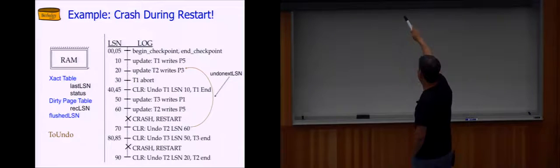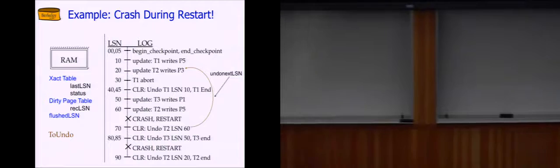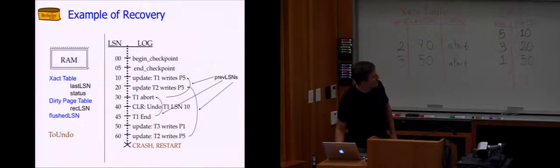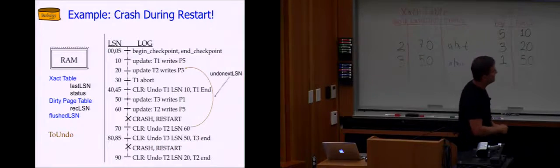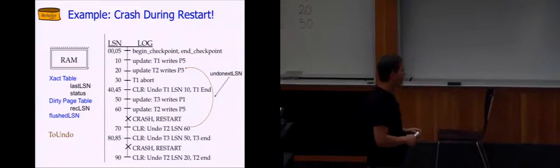And we found it because it's the prevLSN of 60. If you looked at log record 60, which is the thing we were just undoing, it had a prevLSN in it, which I left off the slide. And the prevLSN for 60 was 20. So the undoNextLSN of 70 is 20. That's the thing to undo next, right?